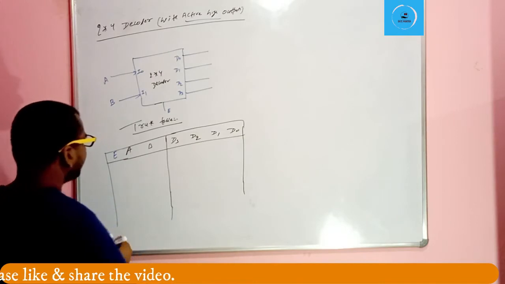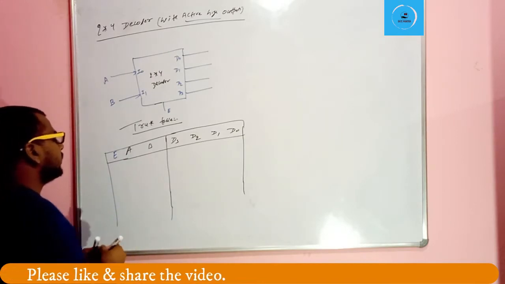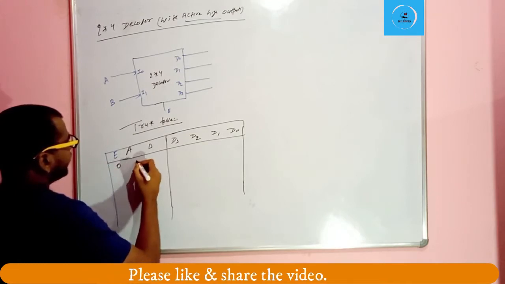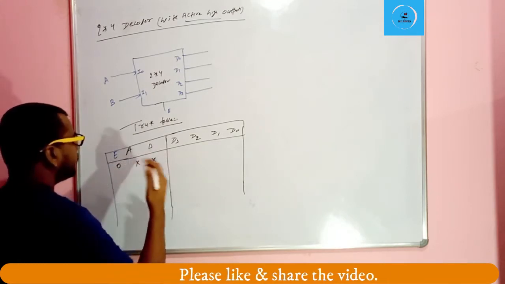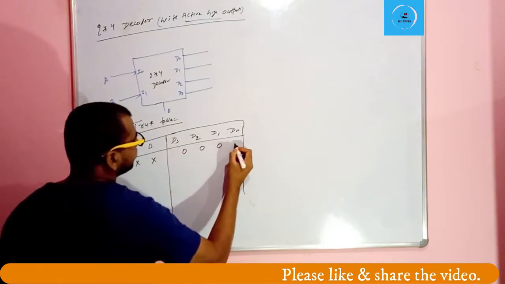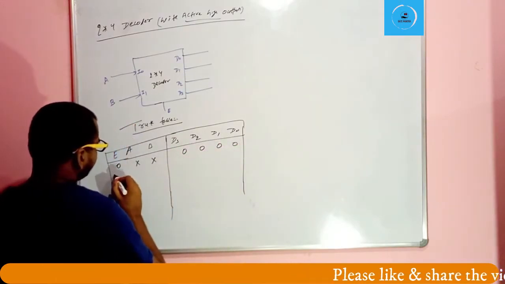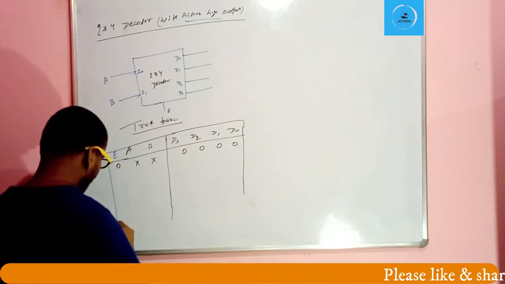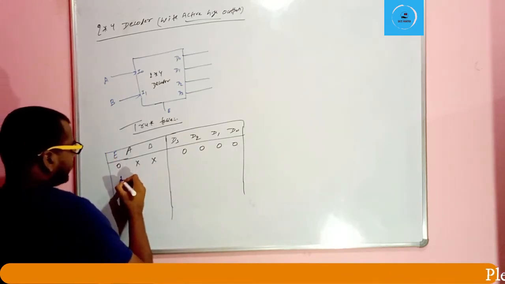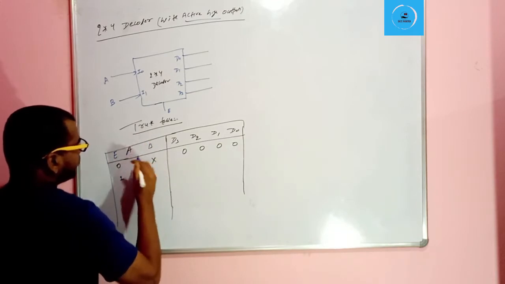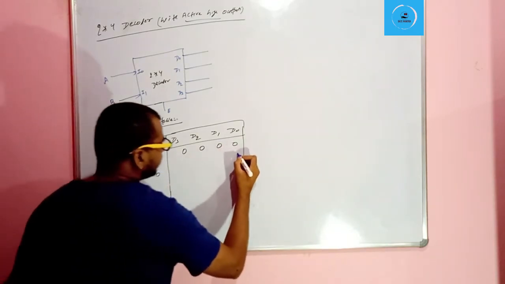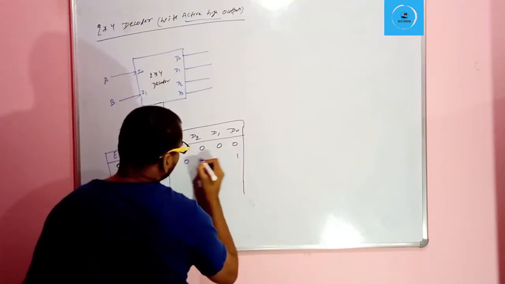If enable is low, that is 0, then whatever A and B are, the output will be 0. Now if enable is equal to 1 and the input is 0 0, then D0 will be selected and all the others will be 0.